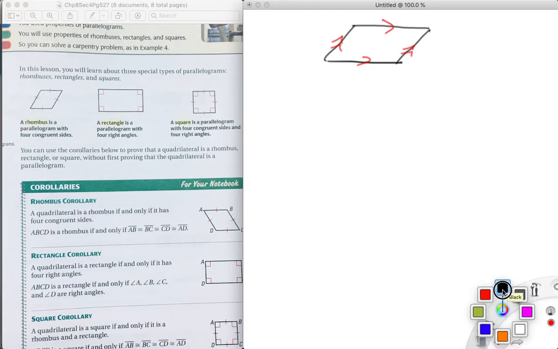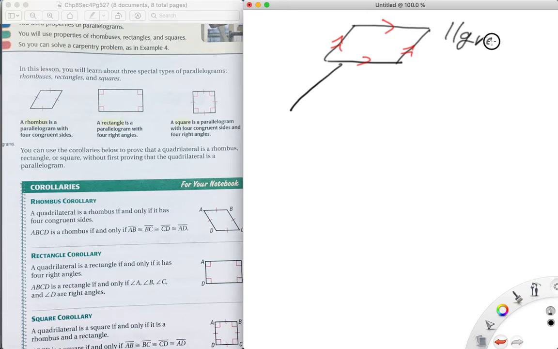There are figures that stem from that family tree, and one of them is a rhombus. So this is a parallelogram. Here we have a rhombus.